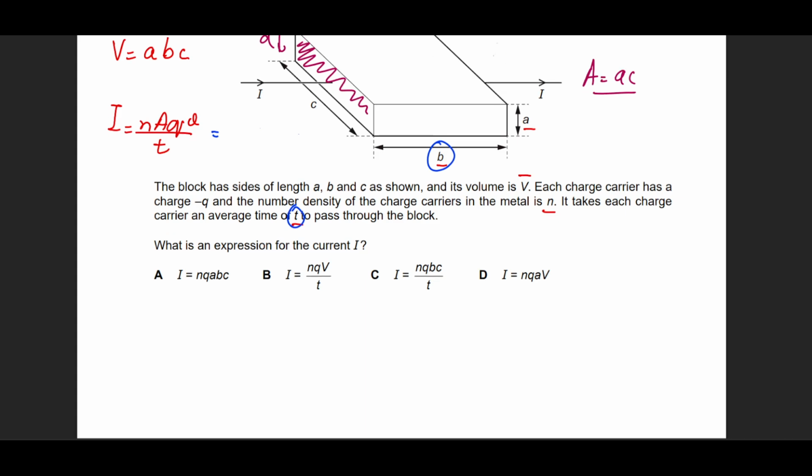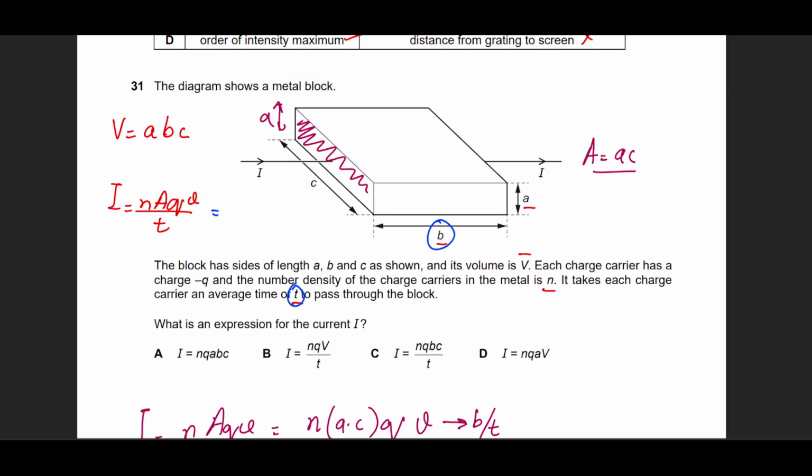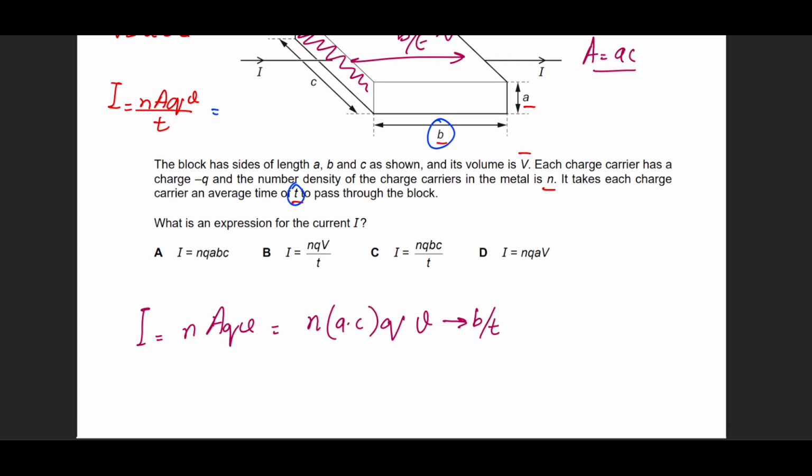So let's start replacing everything in this equation. So I is equal to NAQV. N comes as it is, cross-sectional area was A dot C, Q comes as it is, and in place of V, the velocity, I could replace B divided by T, which was what we found here. Okay, fine.